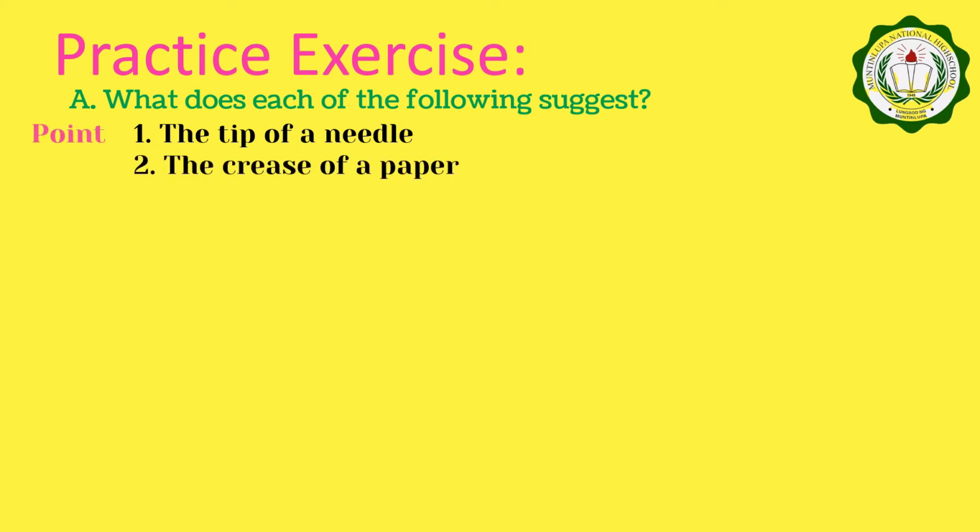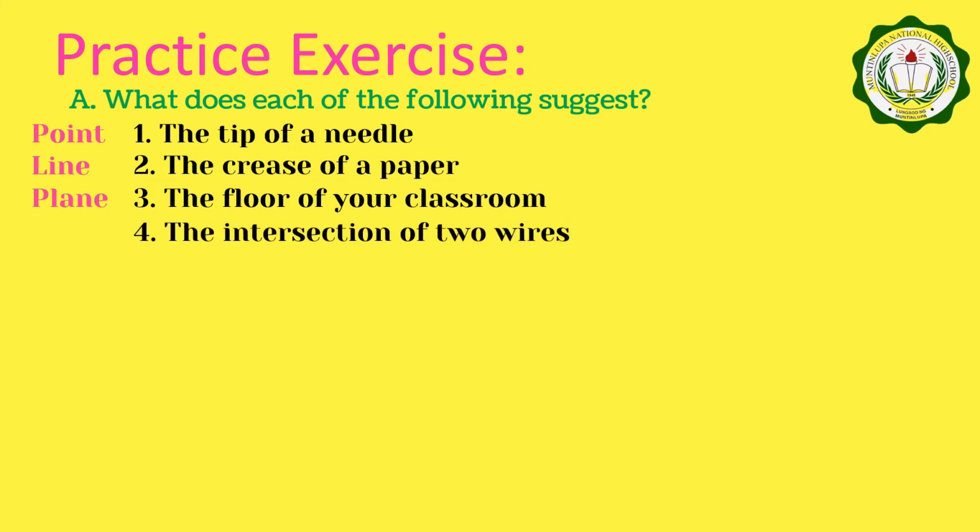Now, number 2, the crease of a paper. When we say crease of a paper, this represents what? Correct. This represents a line. Number 3, the floor of your classroom. Again, this represents what? This represents a plane. How about number 4?